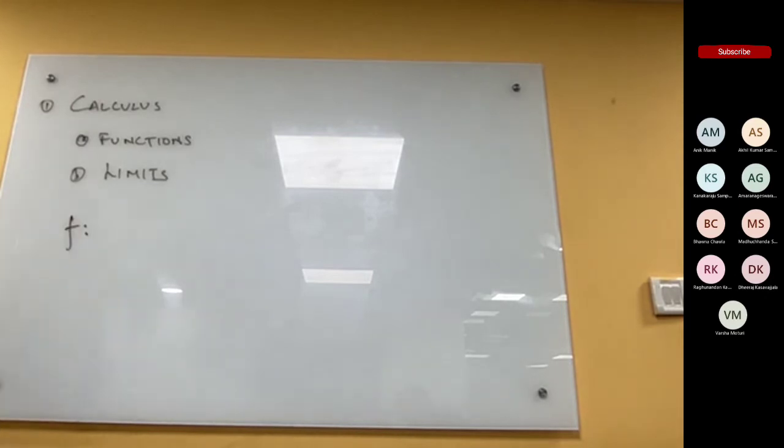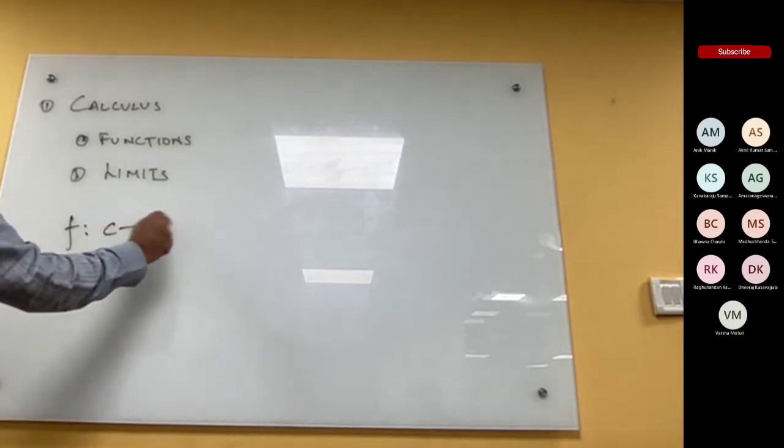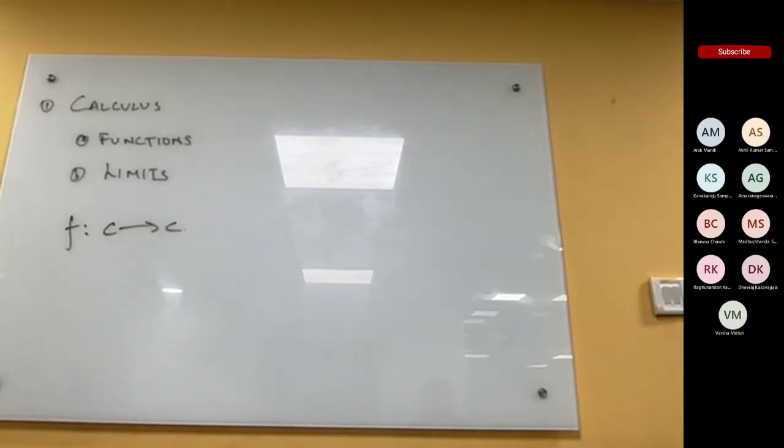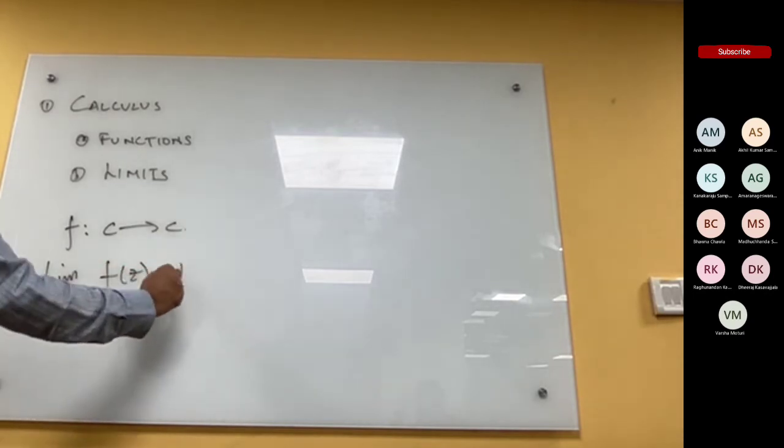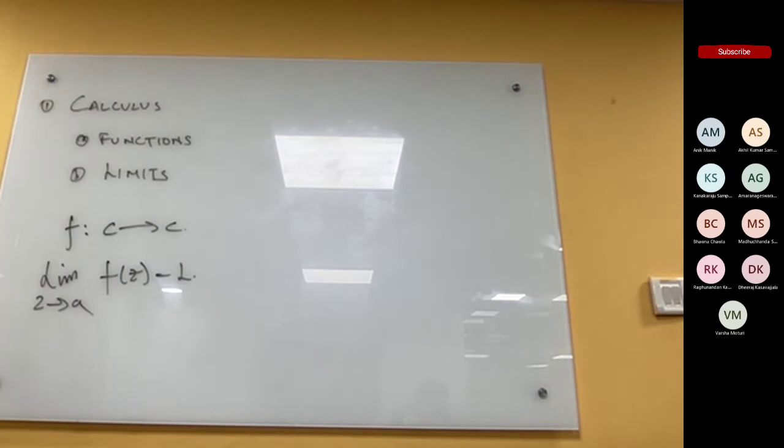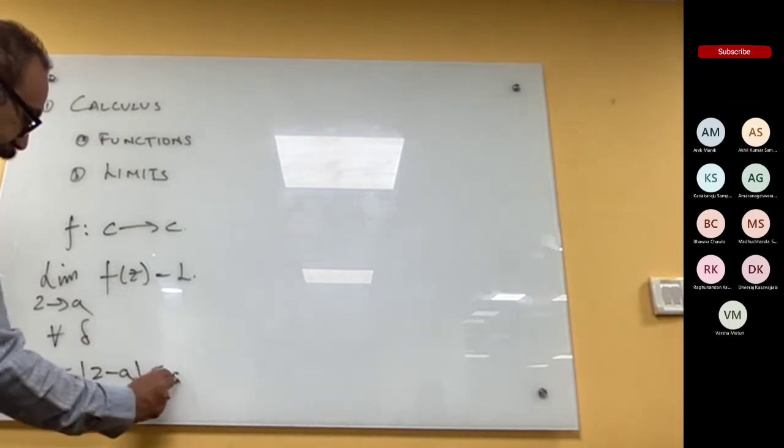Again, let us assume a function which is basically complex numbers to complex numbers, from C to C. So what does it mean if I say limit z tends to a of f of z equals n? It basically means that for some delta that you take, typically greater than 0, 0 is less than the modulus of z minus a, less than or equal to delta.